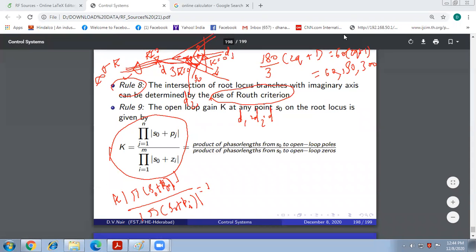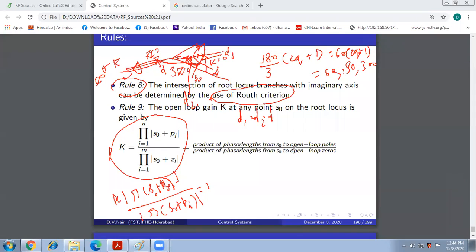So what we were talking about is finding the gain K. Here, when we make use of this relation using magnitude, we know the magnitude of the product of all numerator terms divided by the magnitude of the product of all denominator terms will be equal to 1.